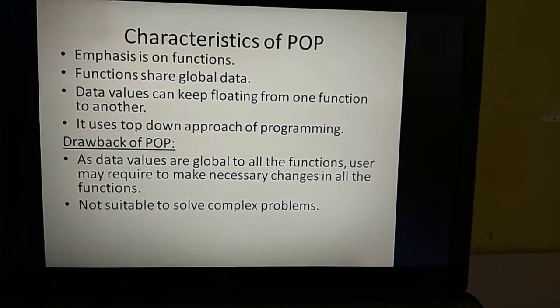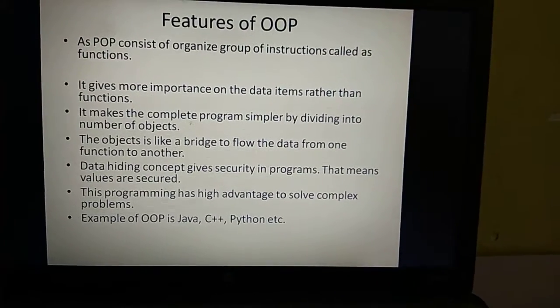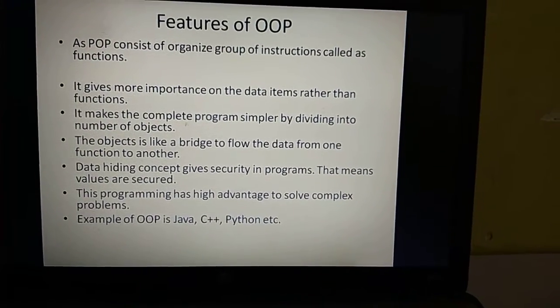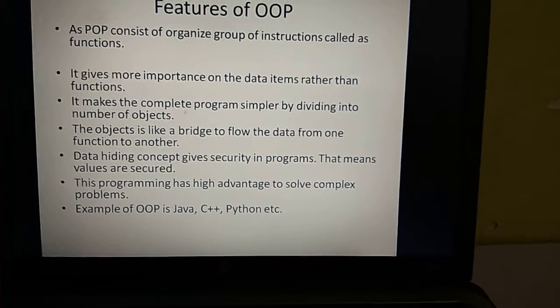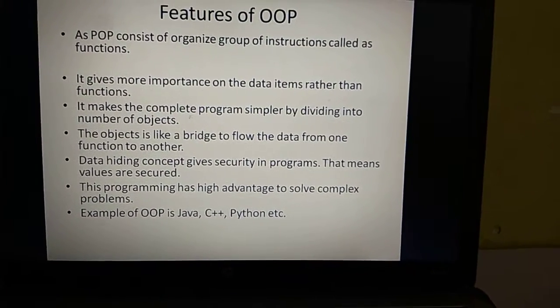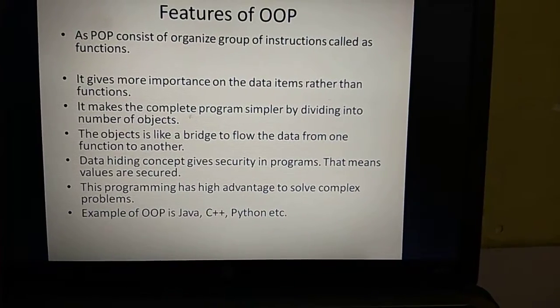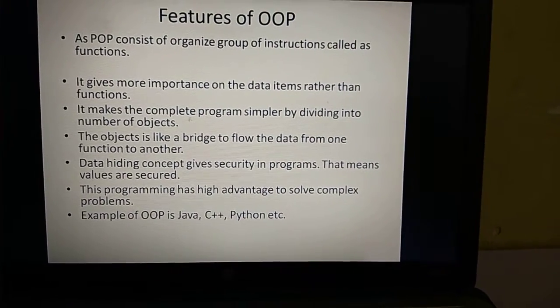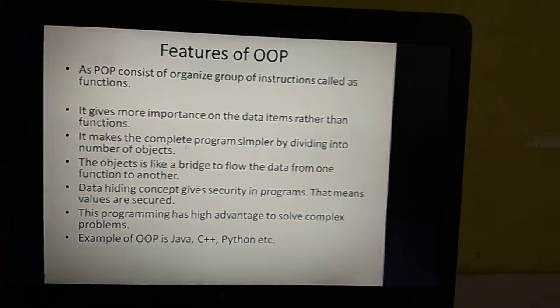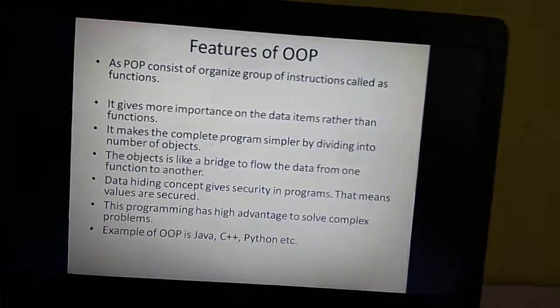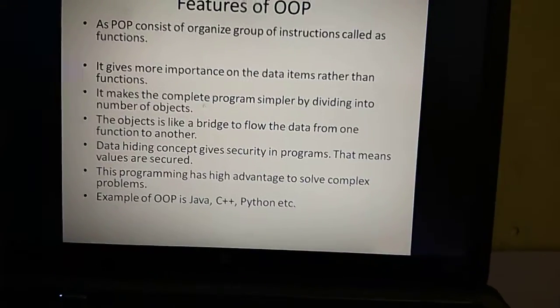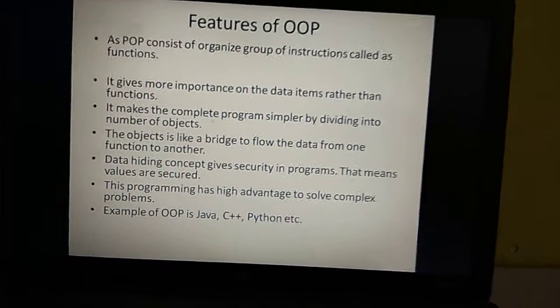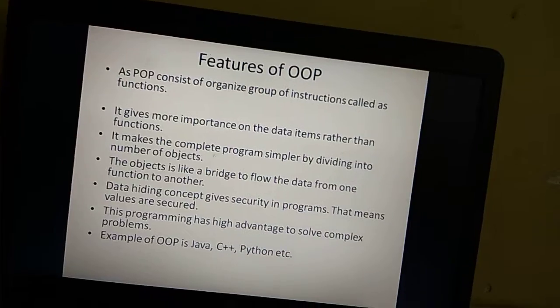After that OOP came into being. What happens over here? You are using more and more data values rather than functions. As we are using objects, the program becomes much simpler, and objects are like a bridge to flow data from one function to another.